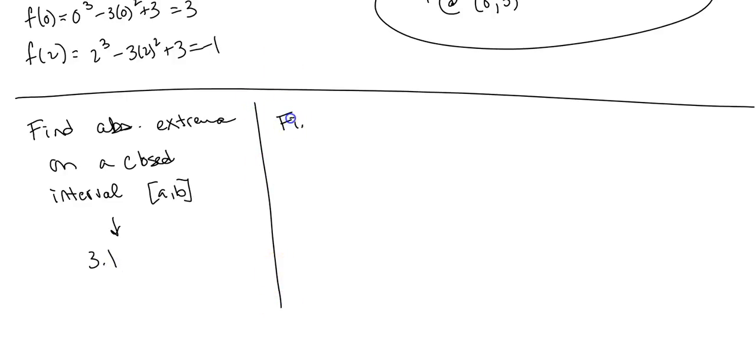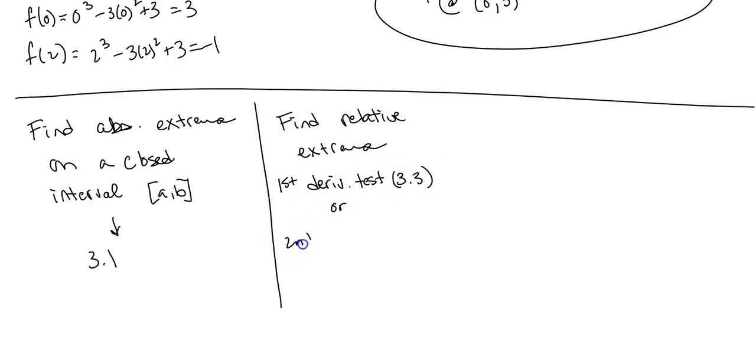If you're asked to find all relative extrema, then you can either do that with the first derivative test, which is in 3.3, or in some cases you can use the second derivative test, which we just talked about in this section.